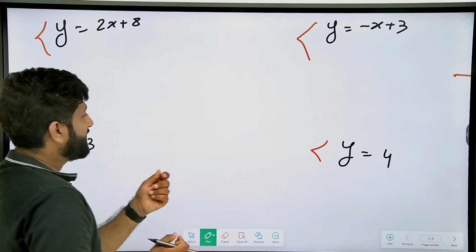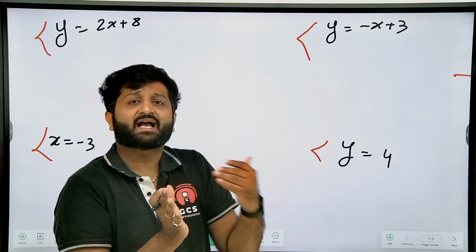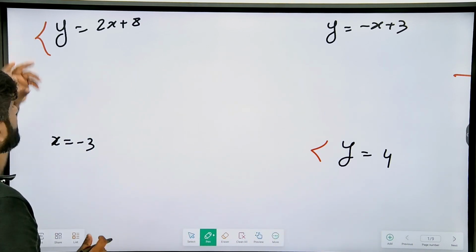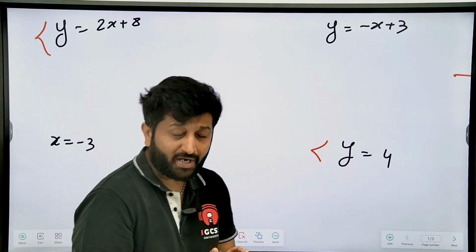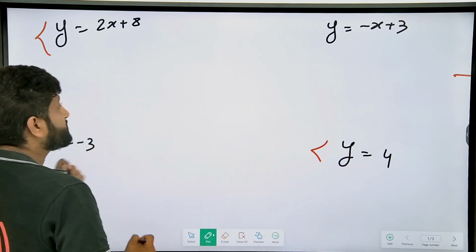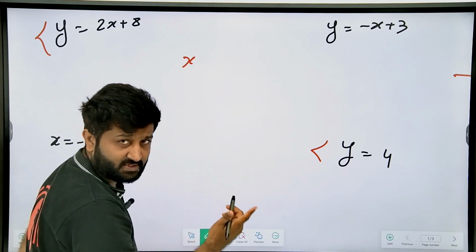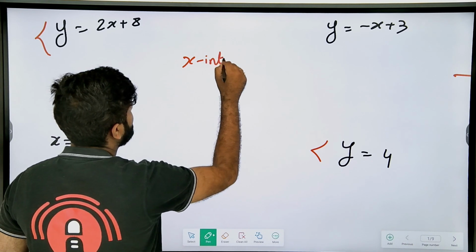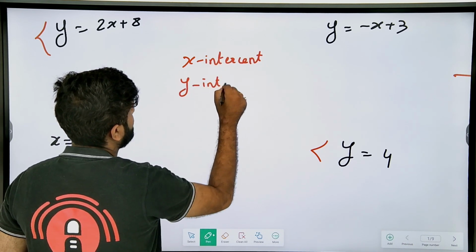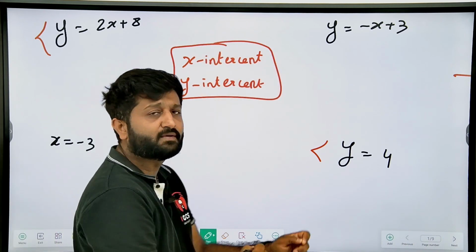And even x equals some number or y equals some number is again a straight line graph, right? So what points are we supposed to plot in this kind of graph? The most important points are their intercepts, that is their x-intercept and their y-intercept. If I have these two points, then I can simply draw a graph.